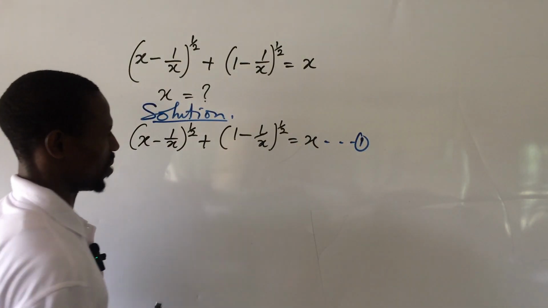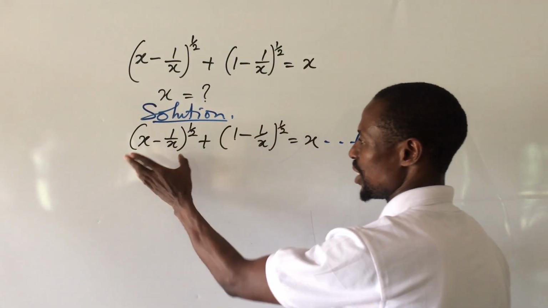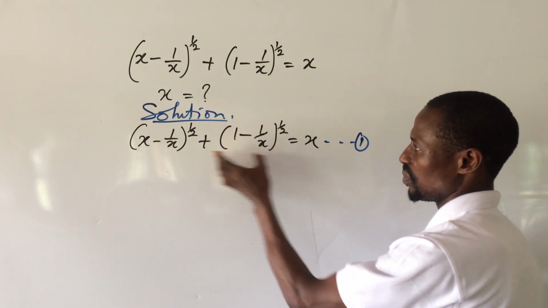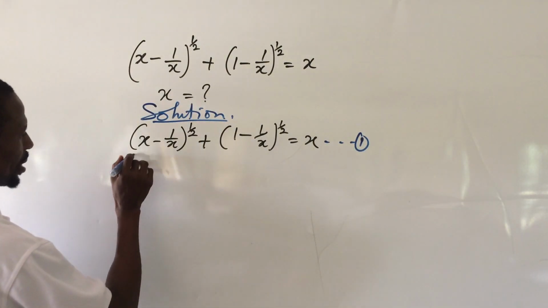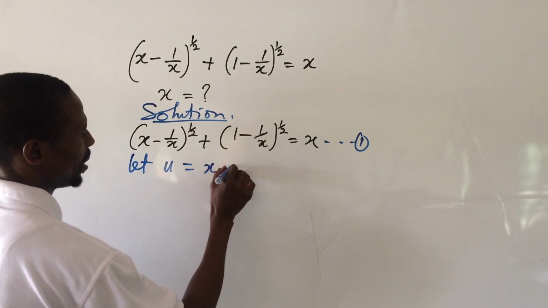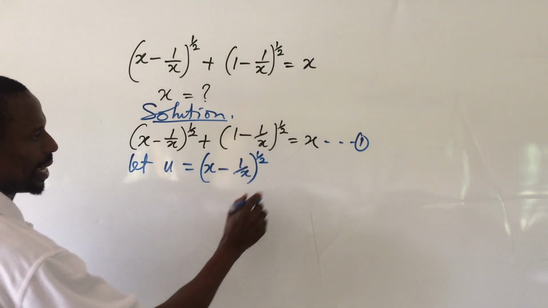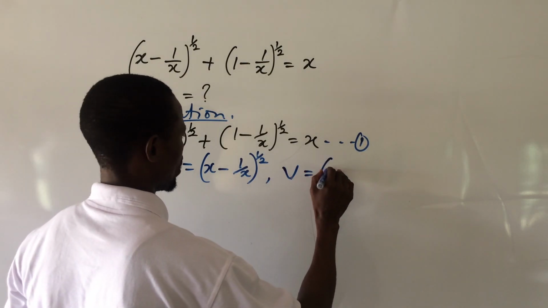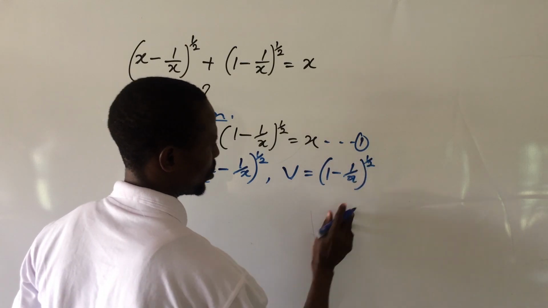If we take this as our equation 1, let's introduce two other alphabets, u and v, because the terms in the bracket are different. So let u equal (x minus 1 all over x) to the power of 1 over 2, and let v equal (1 minus 1 all over x) to the power of 1 over 2.